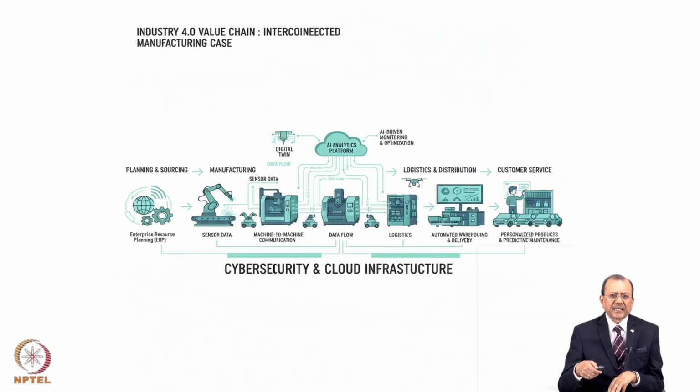This is a nice diagram to show how the value chain is arrived at by interconnection, where you are seeing end to end, from planning to the customer experience and personalized product. Suppose a customer wants a personalized product, then this value chain will help, right from planning to interconnected systems.